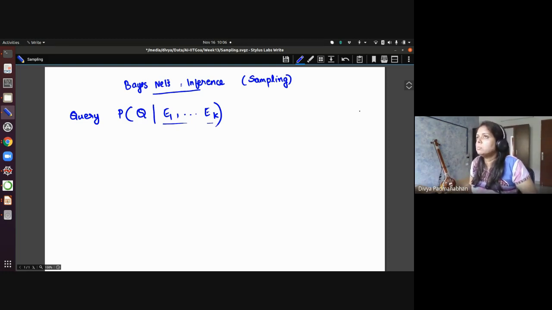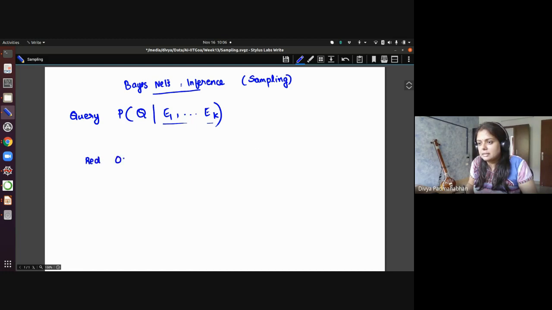Okay, so we will just start off with sampling from a distribution, because ultimately, if you want to sample from a BayesNet, what you're going to do is generate samples from some distribution. So let's just take a simple example. Suppose you have a distribution over colors. Maybe it's the colors of your clothes, and maybe something like this.